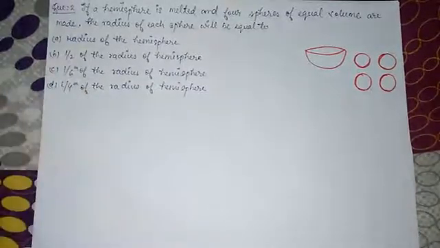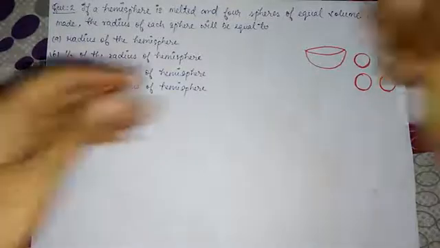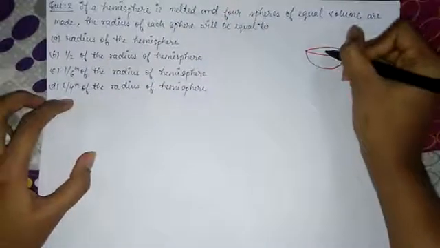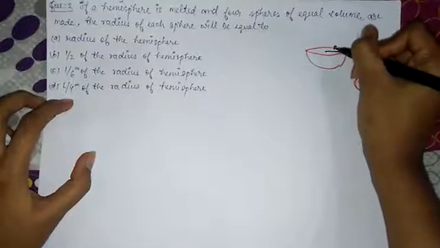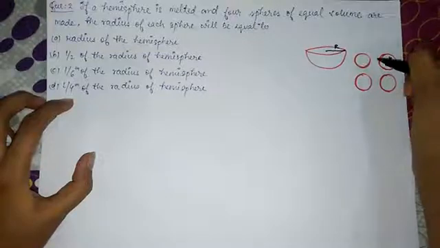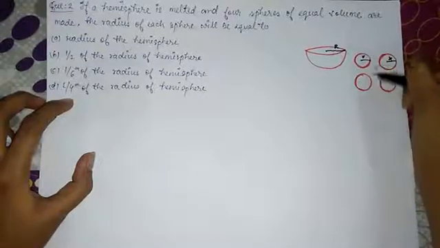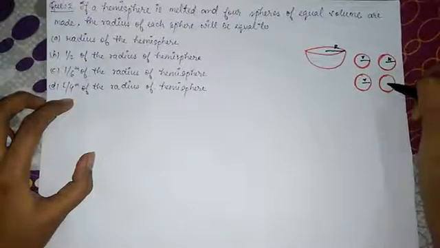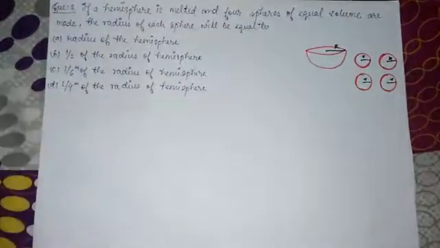Okay, so let us assume that the radius of hemisphere is capital R and the radius of each of these spheres is small r. The radii of these spheres are equal. Okay, so let's now start the question.